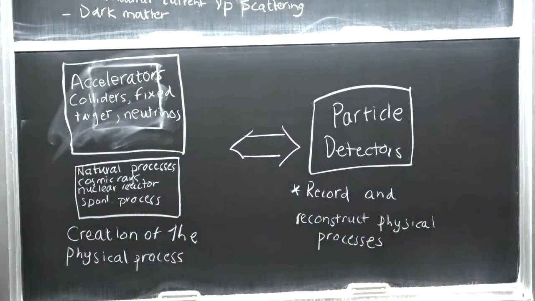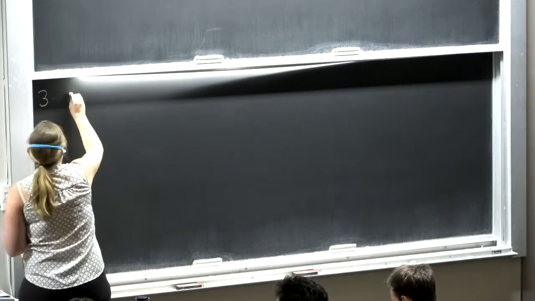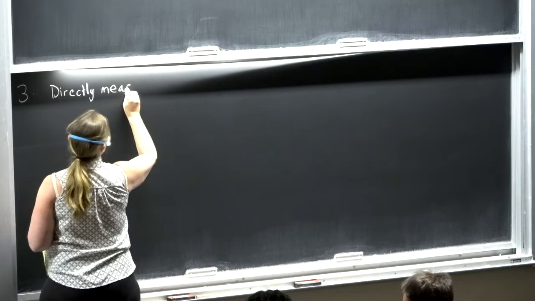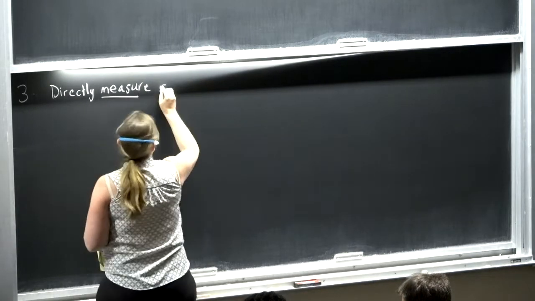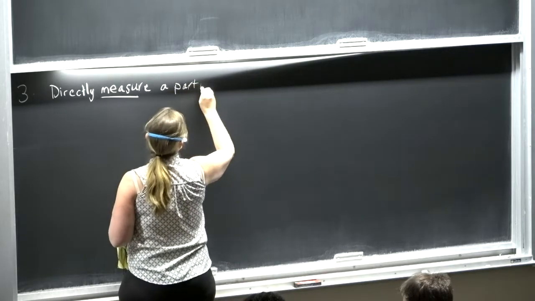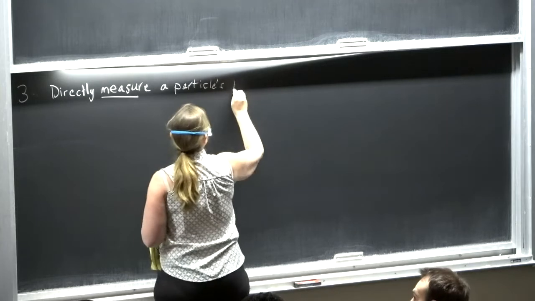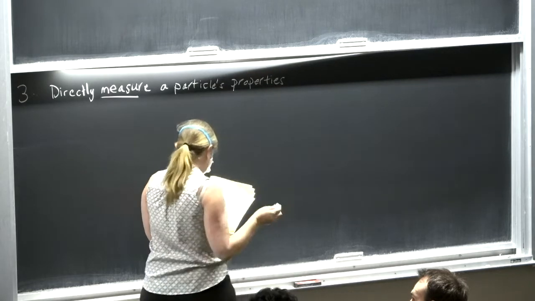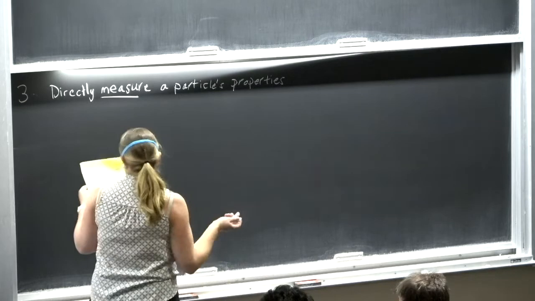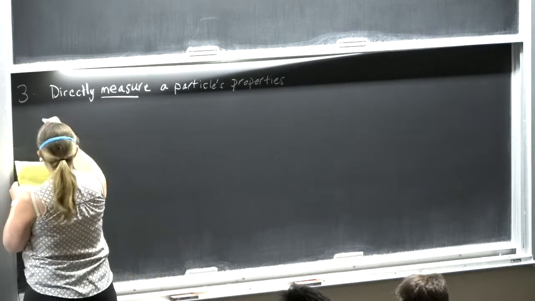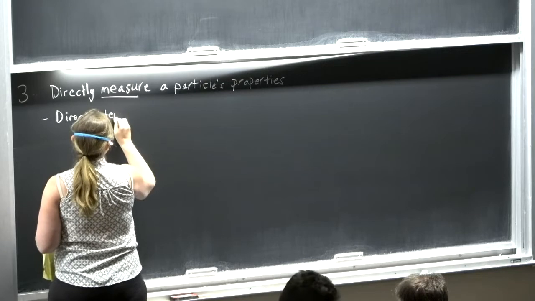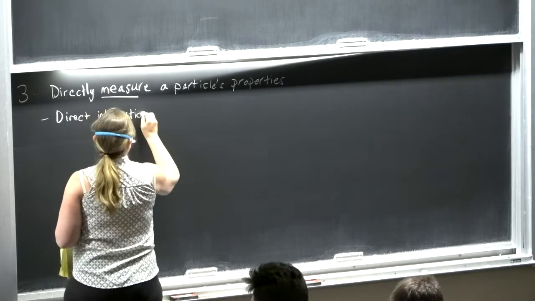All right. Number 3 that we could have would be to directly measure. So here the keyword is measure. A particle's properties. And so here you're really trying to see a direct interaction with the experimental setup.